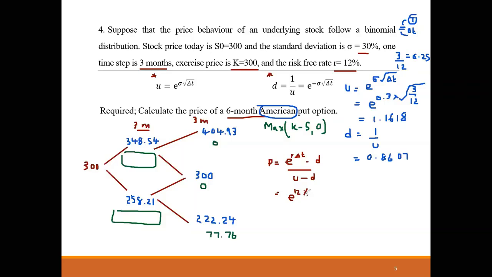Delta T, the duration of the time step, is 3 months. So 3 months is in fact 0.25, 3 over 12. Minus D is 0.8607, divided by U minus D, that is 1.1618 minus 0.8607, and get the answer for P.